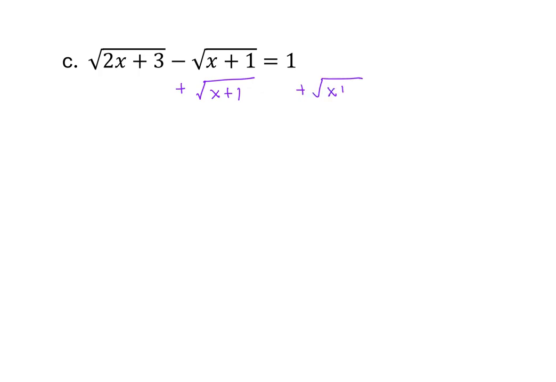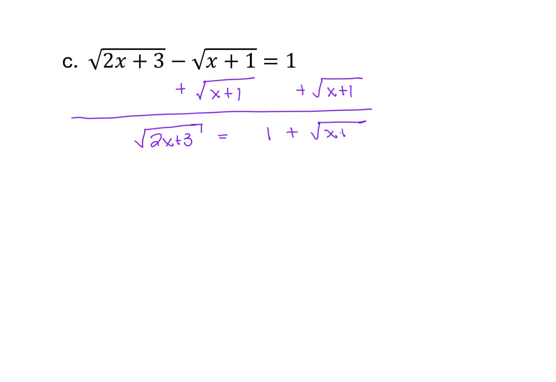So I'm going to isolate my square root of 2x plus 3. We get that this is equal to 1 plus the square root of x plus 1. And I'm going to write it in this order just so it's very clear what's inside the square root and what's not.